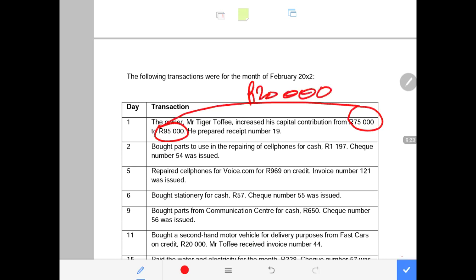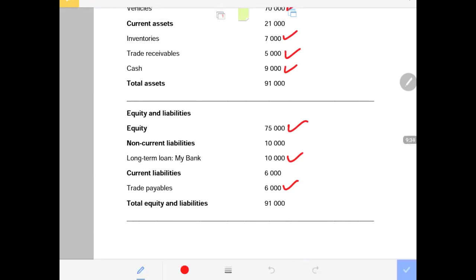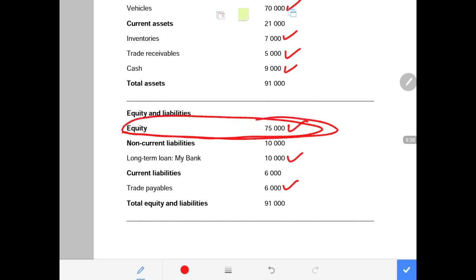So now we record the amount by which the capital was increased. Take note, they say from 75,000, and if you look under your owner's equity, the opening balance was already 75,000 rands. So now we are adding only 20,000 rands. Therefore now the total at the end of the year will be 95,000 rands.